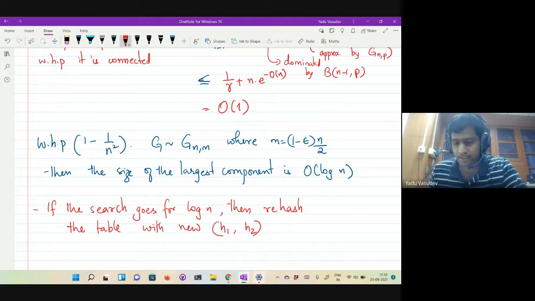And it turns out that when you look at the amortized complexity, this is again going to be a constant. So this is something that you can do, right?